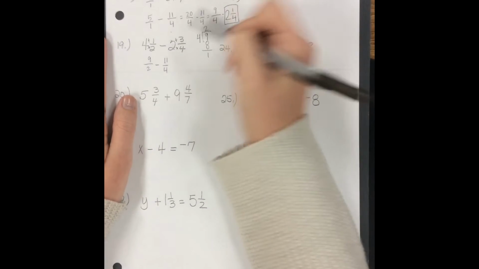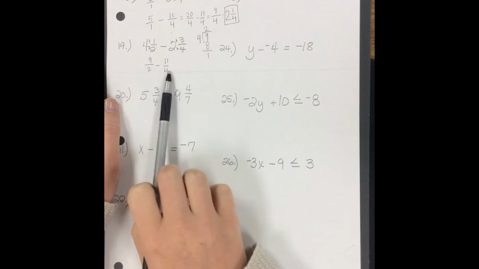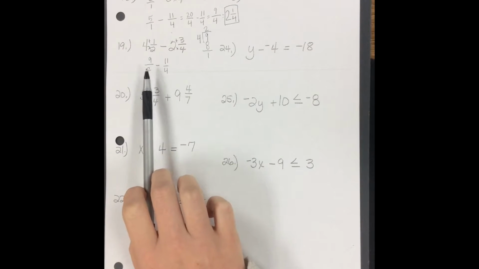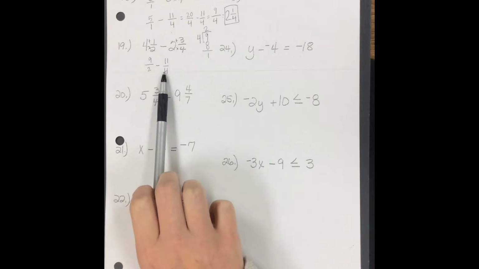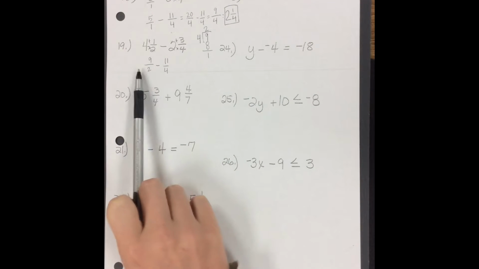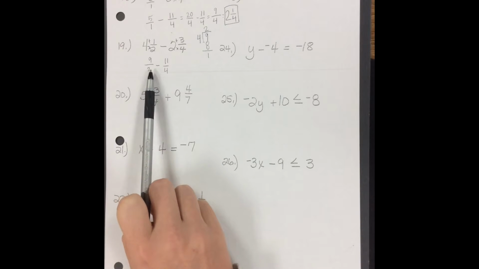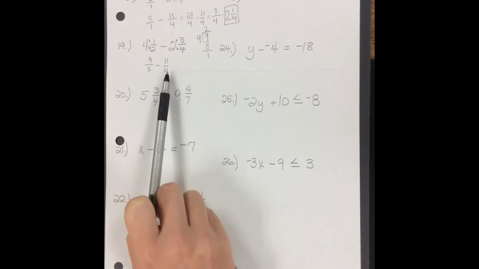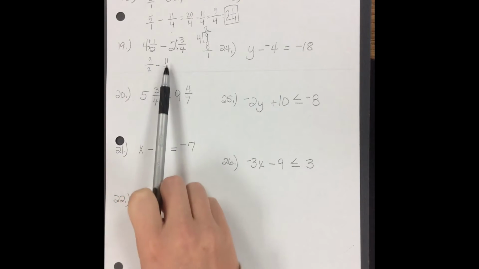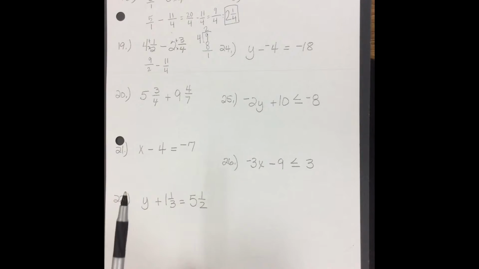So now, okay, still I cannot subtract because I don't have common denominators yet. So here, I don't need to multiply these two together to see what my common denominator would be. I can already tell that I can change this 2 easily to match this 4. So that way I only have to change one fraction instead of changing both fractions to make common denominators.